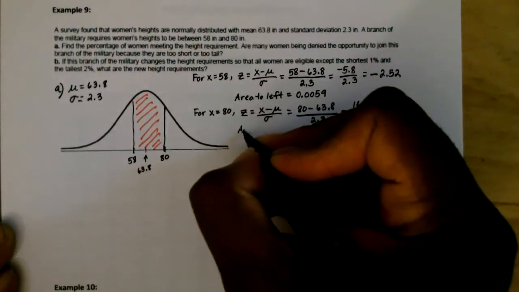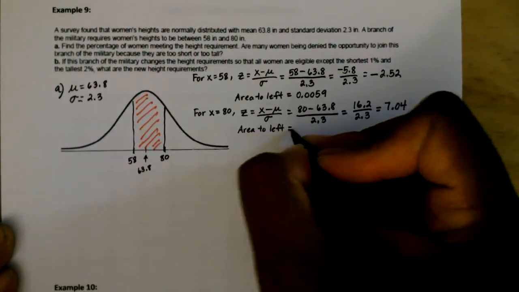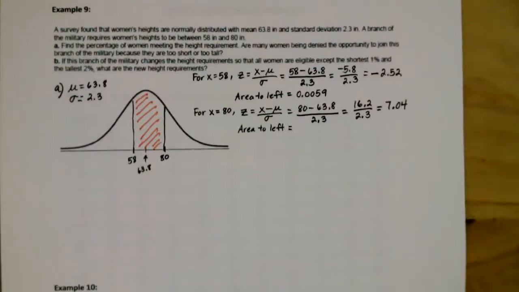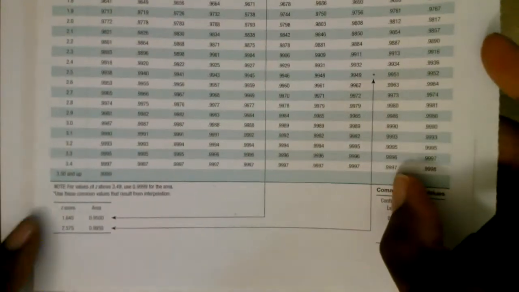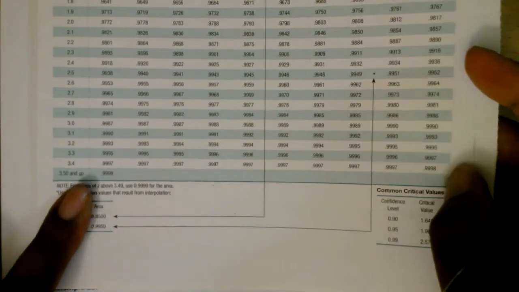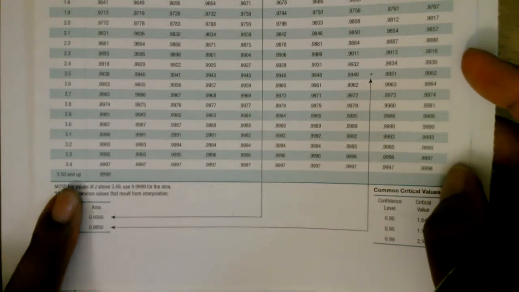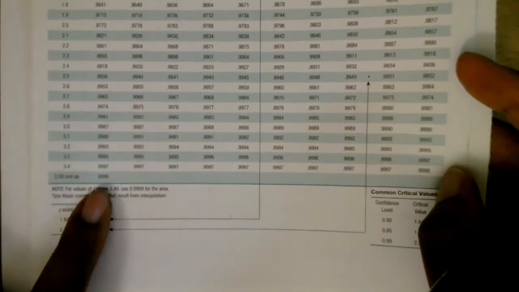Let's look for the area to the left of that. 7.04 is positive, so we need to look at the page that says positive Z-scores. We're going to have a problem with this one. This goes up to 3.49, but notice that it says here 3.50 and up would be this.